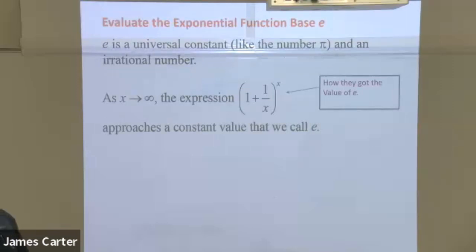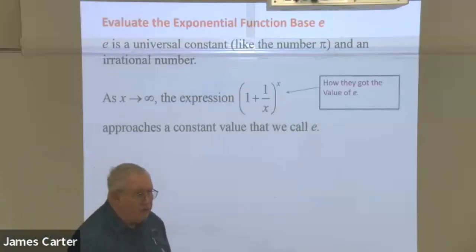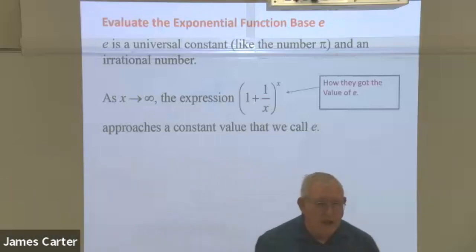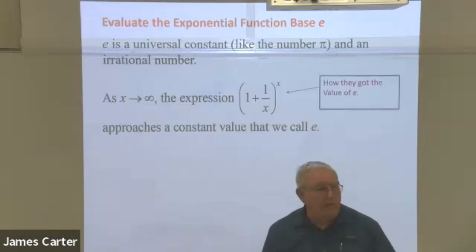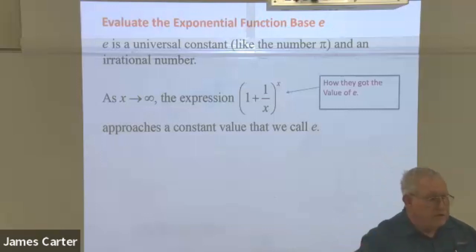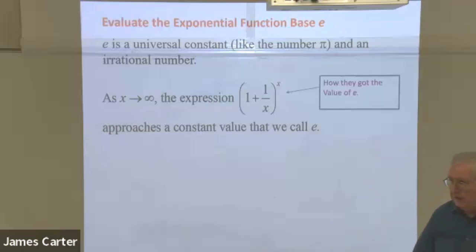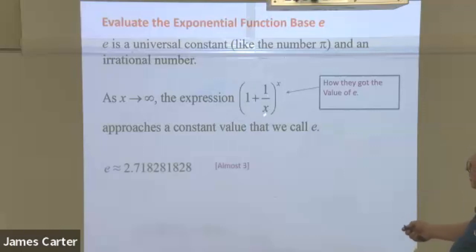Okay, e. e is a number used in growth rates. It's very similar to pi in that it is an irrational number that never repeats, never terminates, but keeps going infinitely. This is how they calculated the value of e. That's not something you really need to be worried about, except a variation of that is going to show up in an interest formula in a little bit.